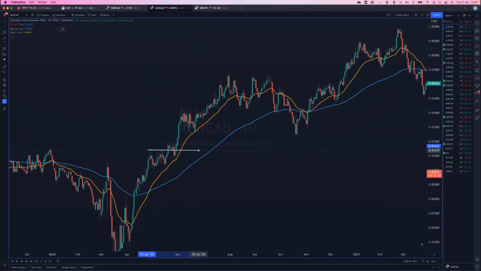You could get involved when the market breaks this level here. Or again, when the market breaks there. And then a little bit further up over here.